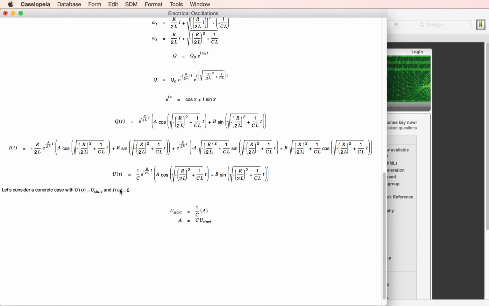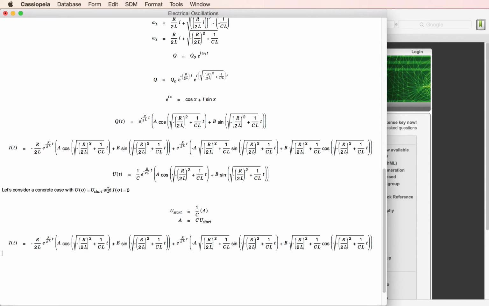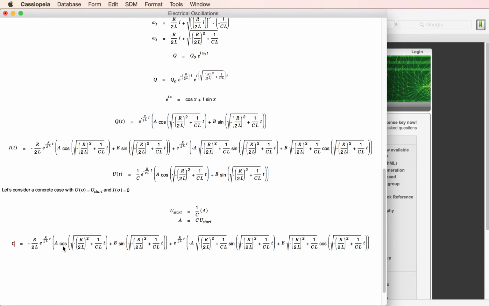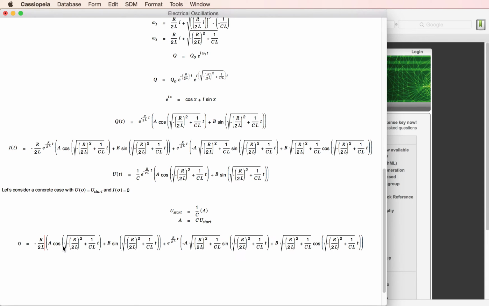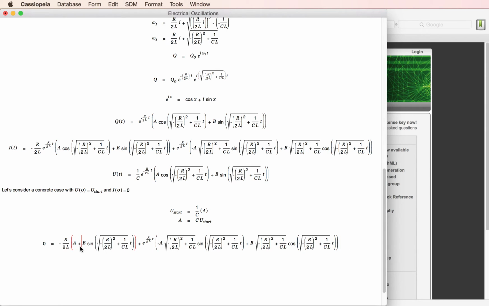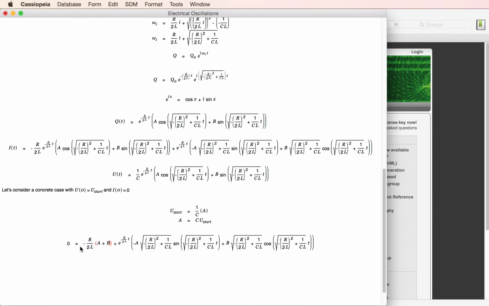And the second condition lets us determine B. Let's make a copy of that one. We have 0 current at t0. Here we have 1. This becomes 1 again. This becomes 0. This becomes 1.